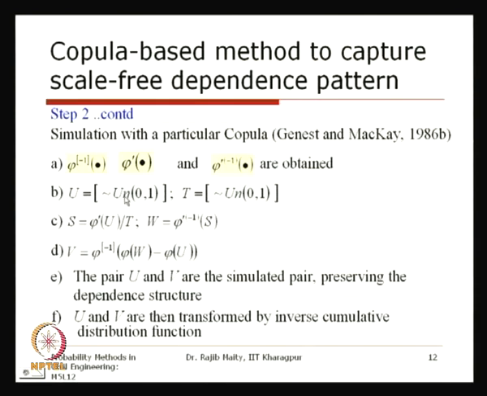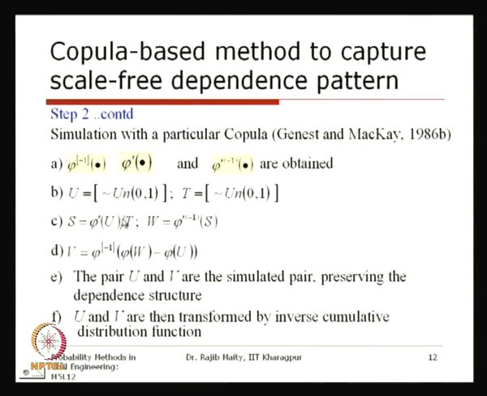One is u, a uniform distribution between 0 and 1, and another one is t, a uniform distribution again from 0 to 1. So, u and t are generated independently, totally independent from each other. Now, we will generate another series out of u and t, which is s equals the first derivative of the generator of u divided by t.